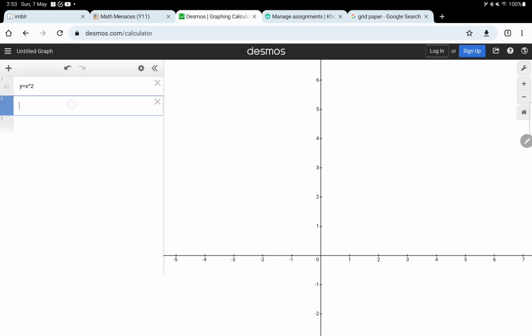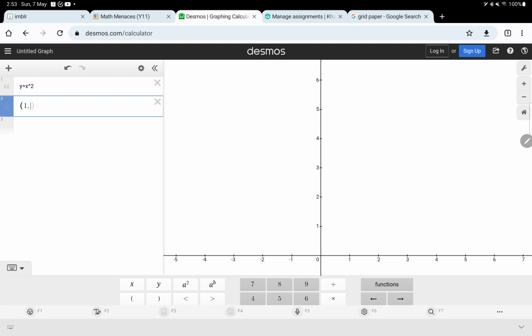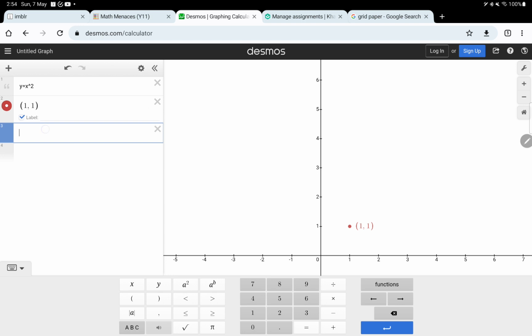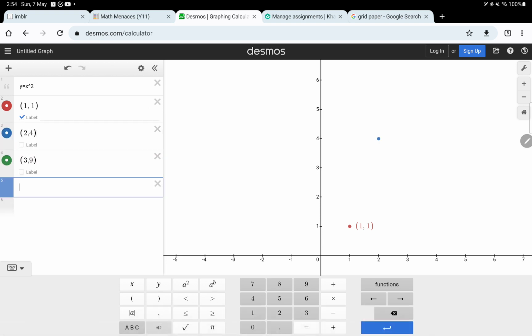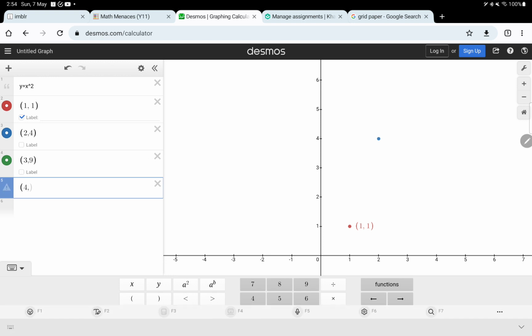So let's put a few values in. When x equals 1, y is 1. 1 squared is 1. When x equals 2, y is 4. When x equals 3, y is 9. When x equals 4, y is 16.